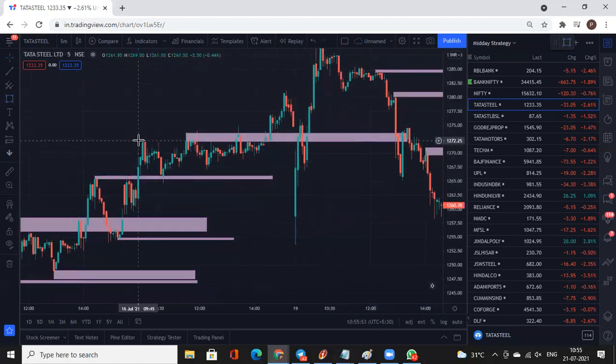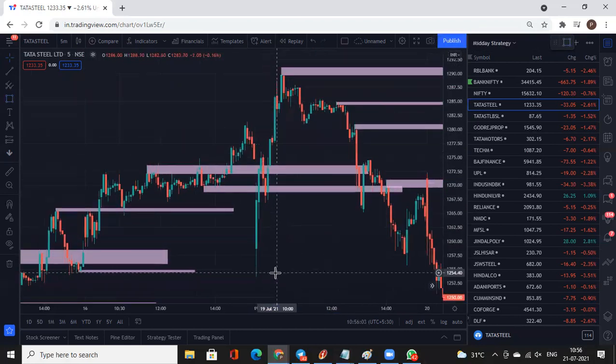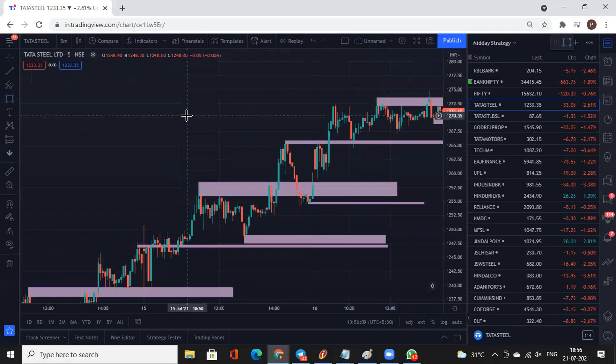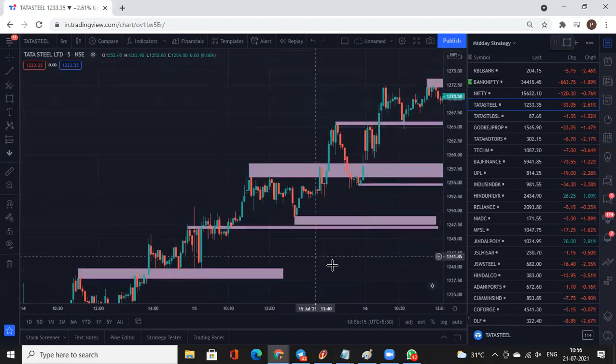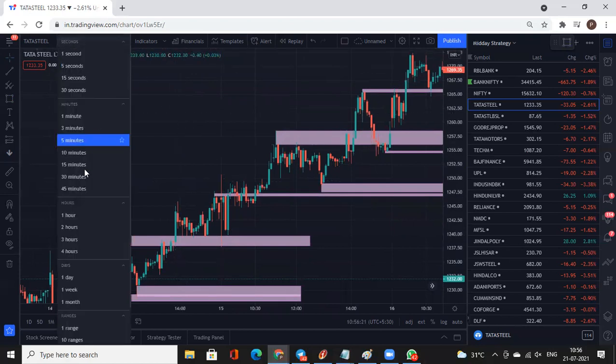Series of lows, and then there's a support here. Done, guys. If you keep on marking like this, you will get the support area and the resistance area, and then you can take the trade here, and then you can have a stop loss here. So this will give you a reversal kind of a trend.